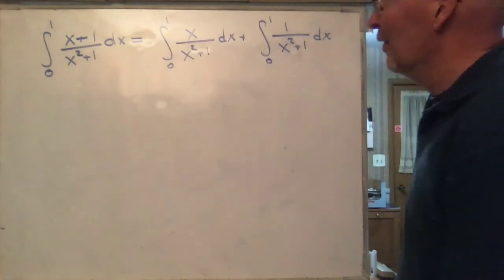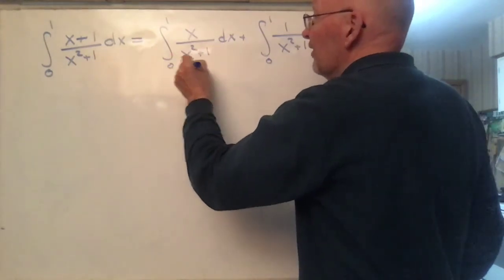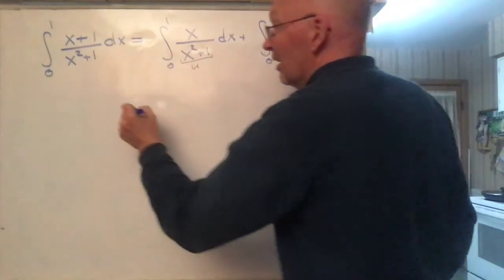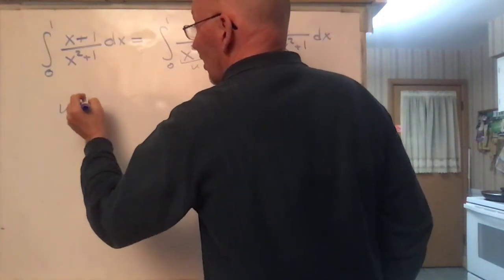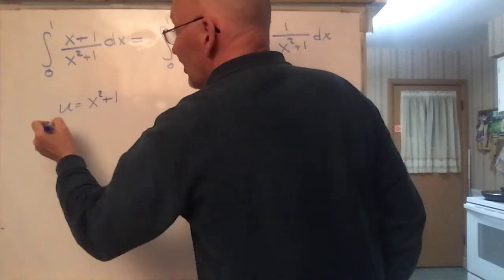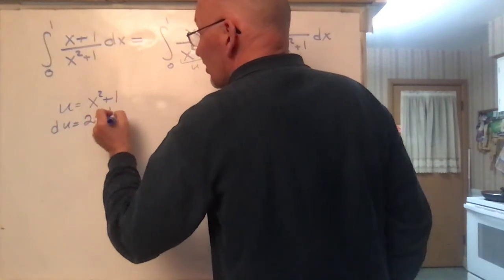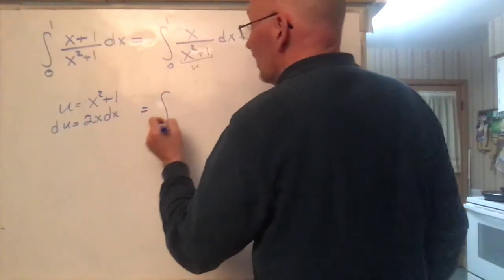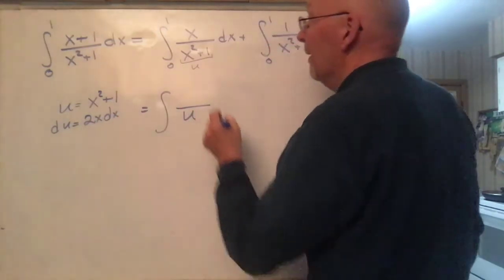Okay? So, this one here, now I can let u be equal to this thing. Du, notice, is going to be 2x dx. So this all becomes what? It's going to become u on the bottom.